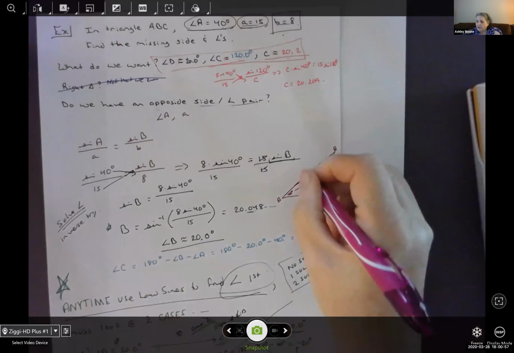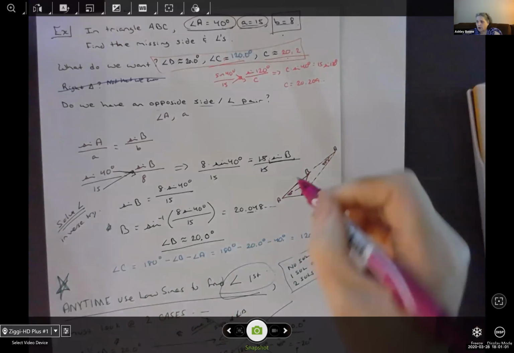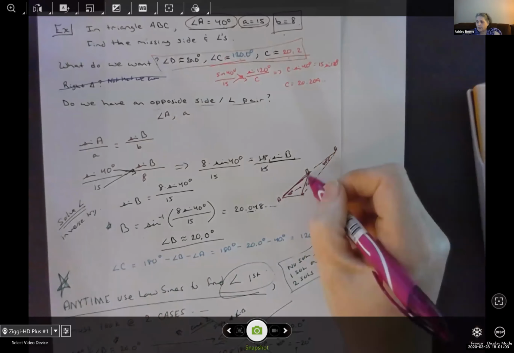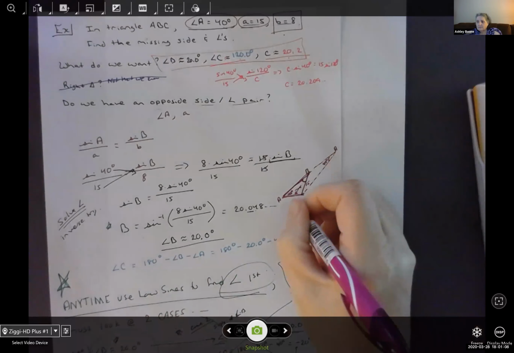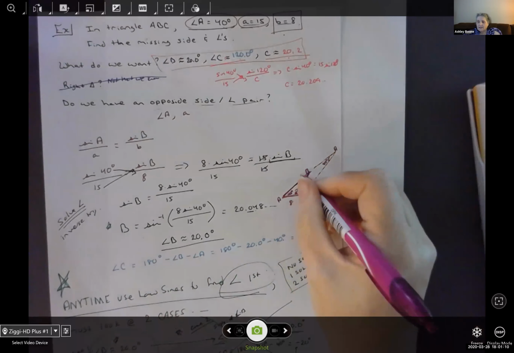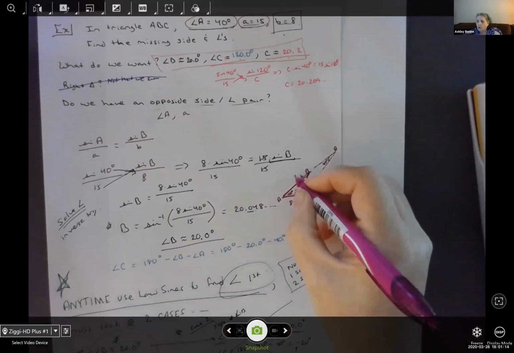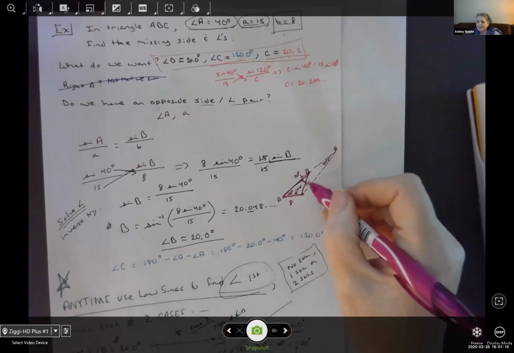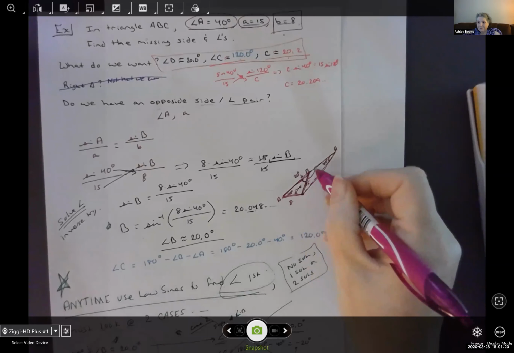So this angle B here in this triangle that's on the lower part is opposite of side B, which is 8. That angle B is acute, for example, 20 degrees. Or we could have this situation up here where this is angle B, and we really have this shape.